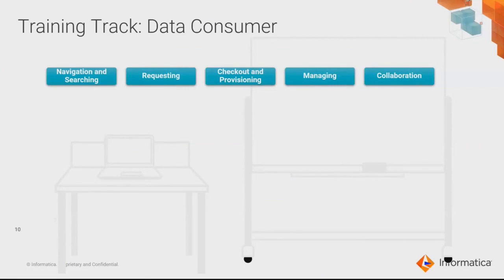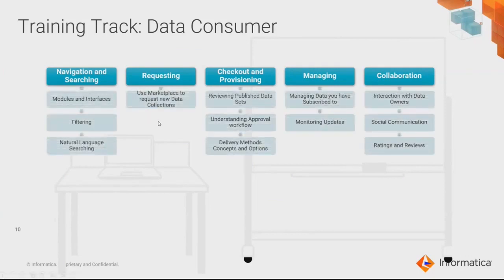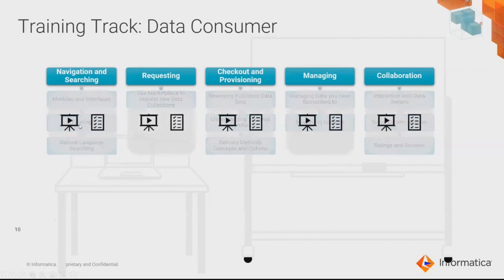Kind of things they're going to need to know are navigation and searching, how to request data, how to run the checkout process and manage once it's provisioned to them. And then once you've got it, doing some of the social media type collaboration related to using that data so they can let other people know if it's high quality and those sorts of things. So for each of these, you would have subset activities, which would all have job aids and videos built behind them.